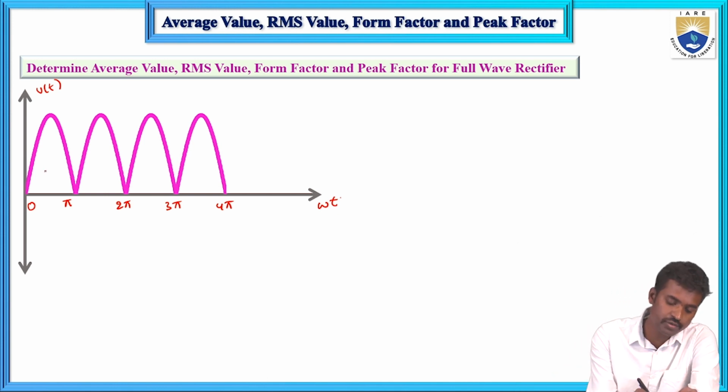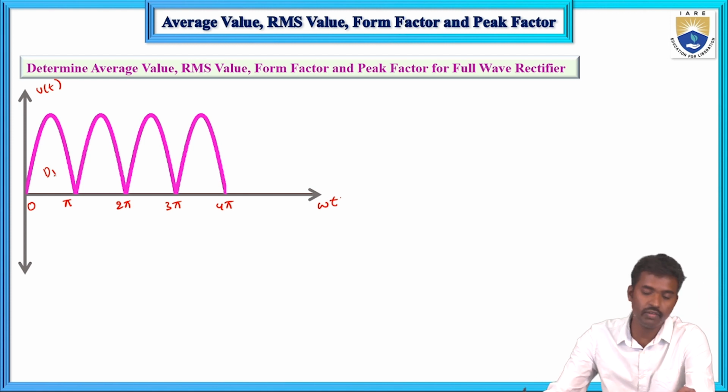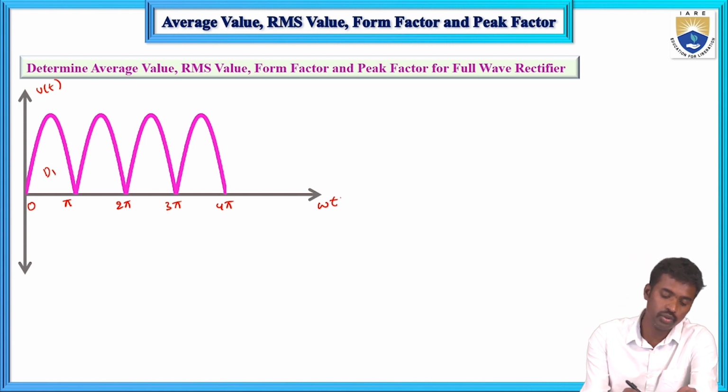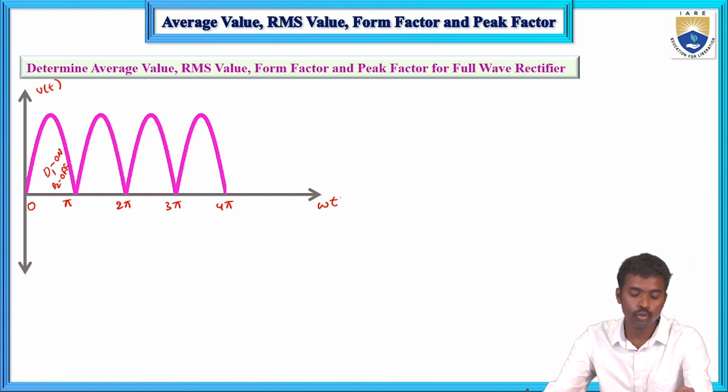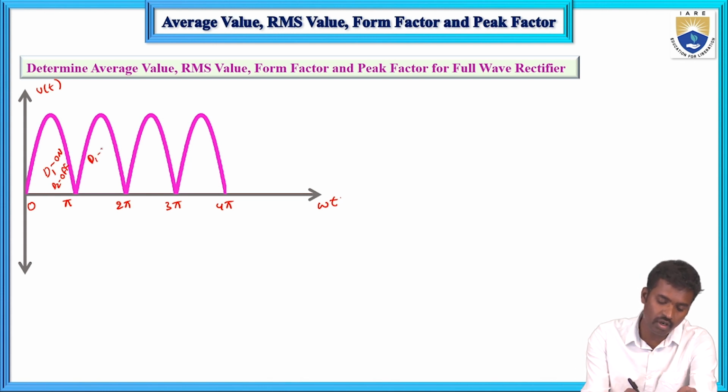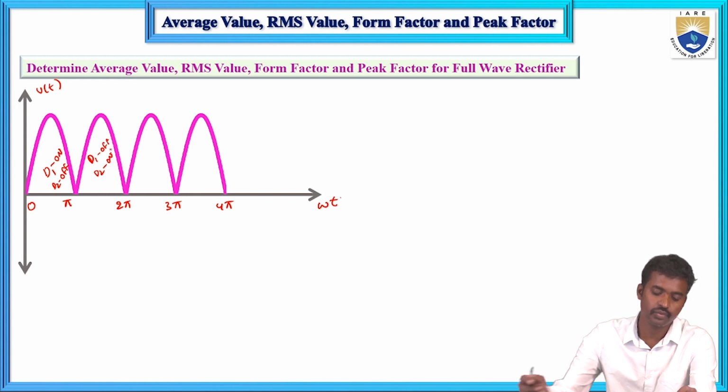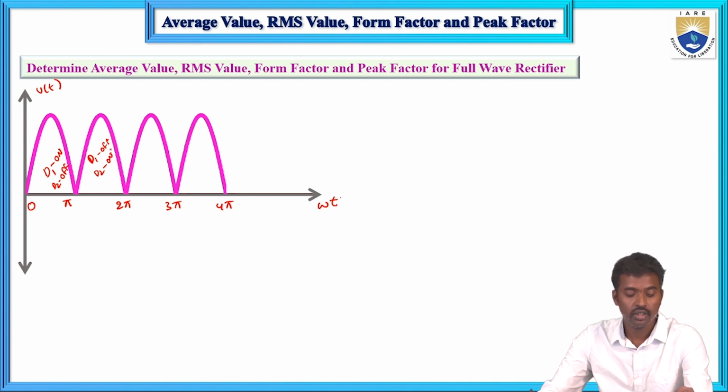So in the first half cycle, diode D1 will conduct and D1 is on and D2 is off. In the negative half cycle, during pi to 2 pi, D1 is off and D2 is on. So in this case, D2 will conduct and D1 will be in reverse bias.